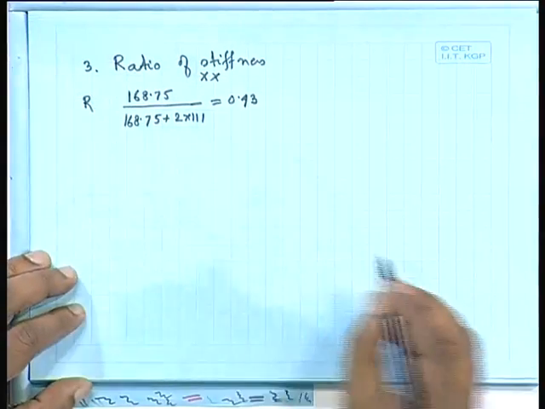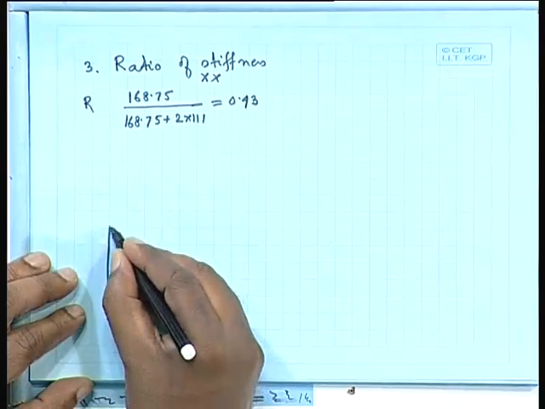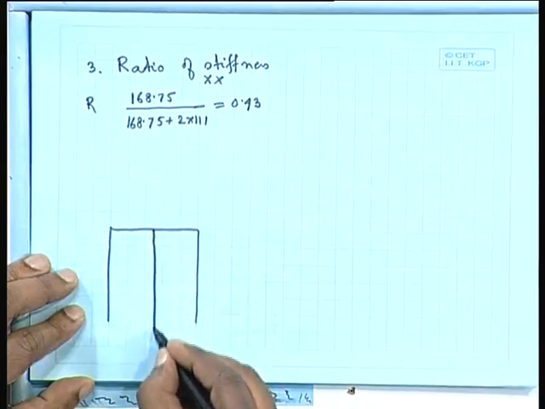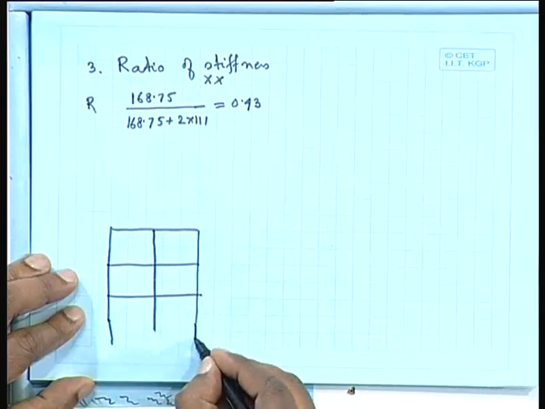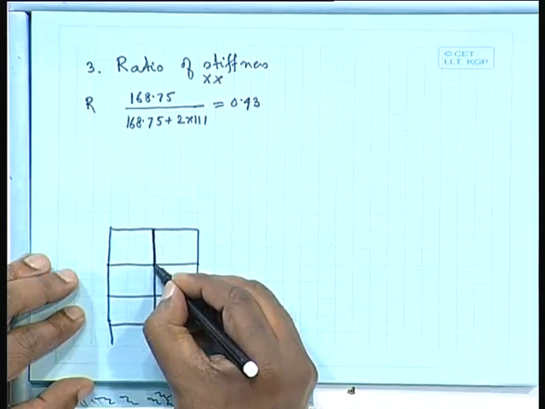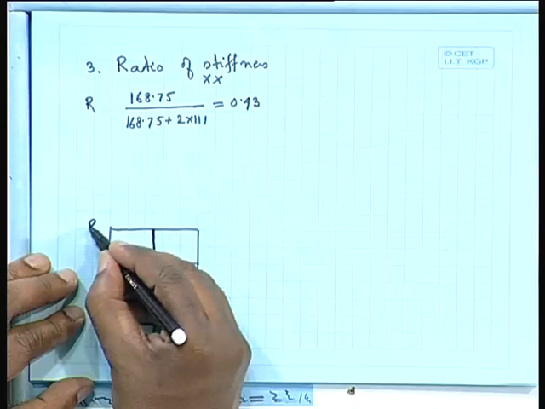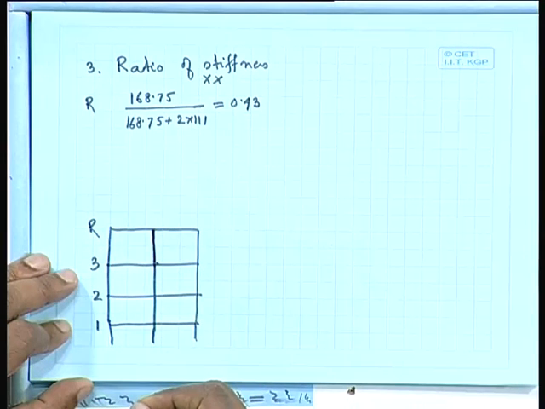I think I should write down here that one frame, so that it will be clear. So, we are interested here to find out this one. When you are talking this one, then this is your roof, this is your third, second, first, similarly it will go down to ground.